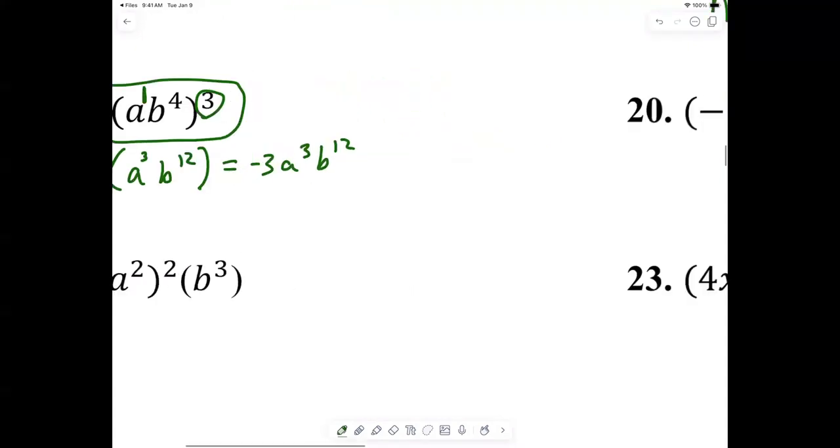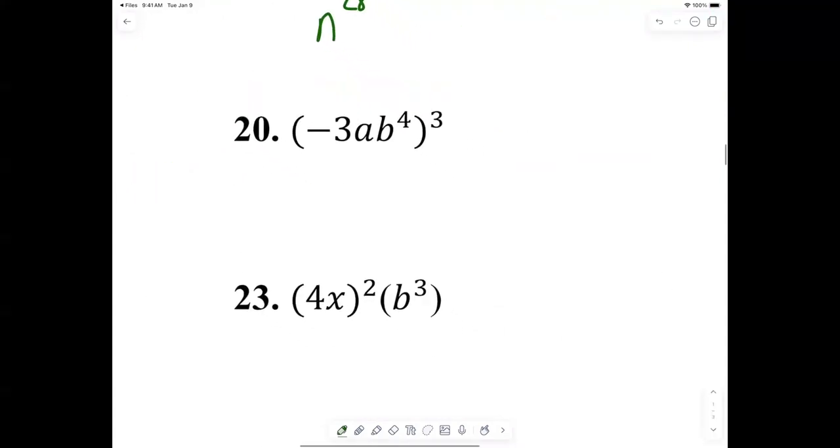All right, Sadie, back over here, number 20. Is negative 3 part of the cube this time? So what would negative 3 to the third power be? Negative 3 times negative 3 times negative 3. What is that?